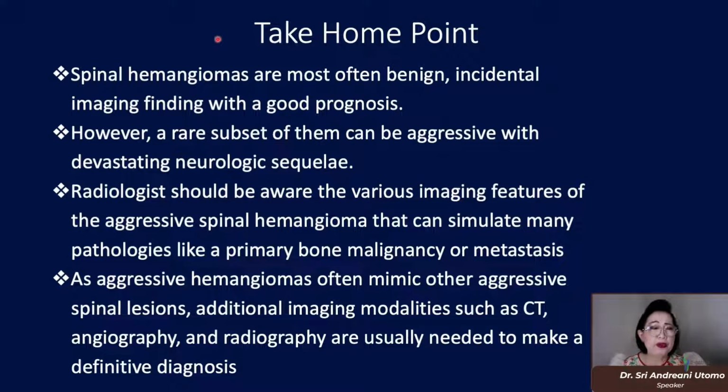Now we go to the last of my lecture, a take-home point. Spinal hemangioma are most often benign in CT imaging finding with a good prognosis. However, a rare subset of them can be aggressive with devastating neurologic sequelae.